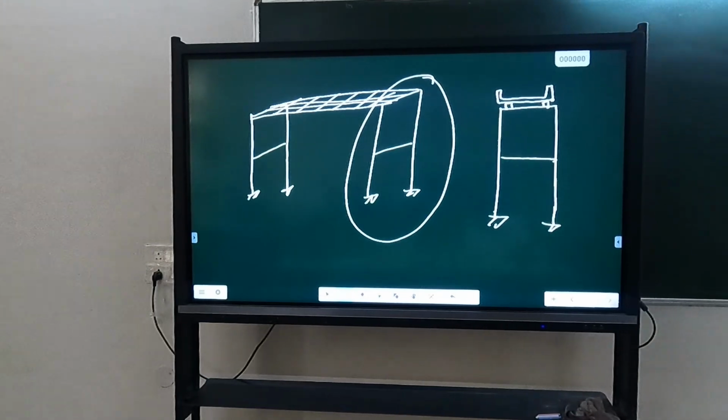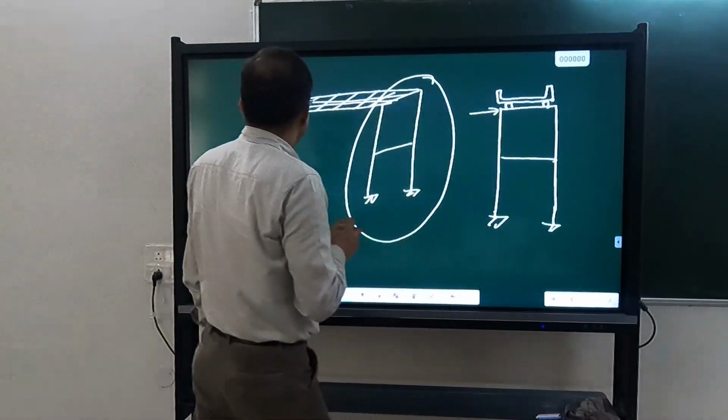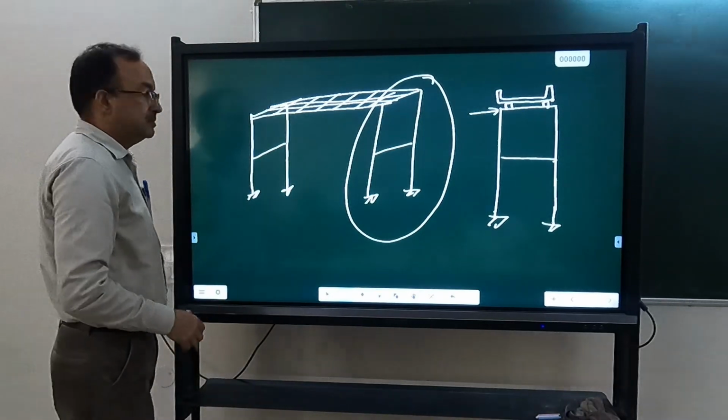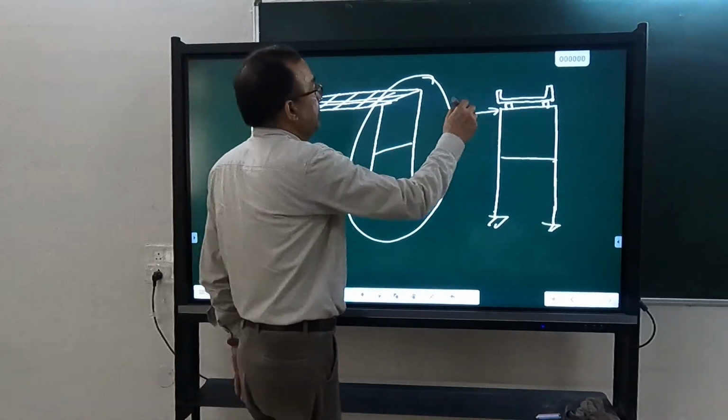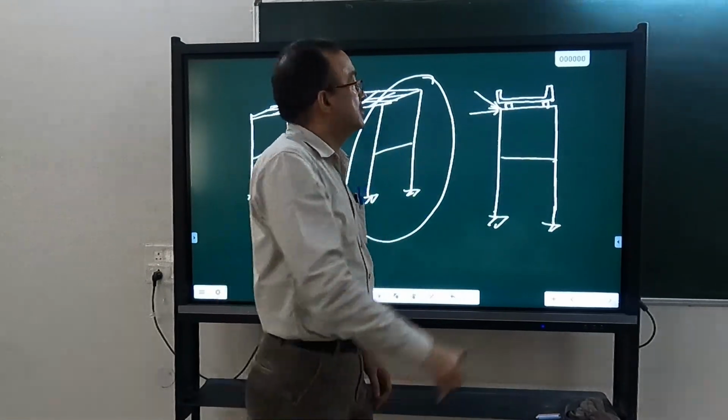Okay, you might have seen this type of piers of the bridges also in some photographs. So in the transverse direction, this will act like a frame. In the longitudinal direction, what will happen if I am applying a force in the longitudinal direction?